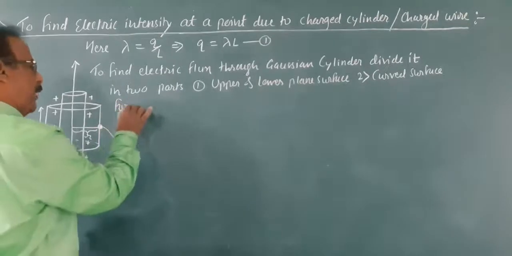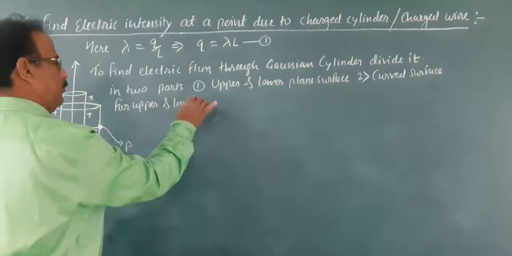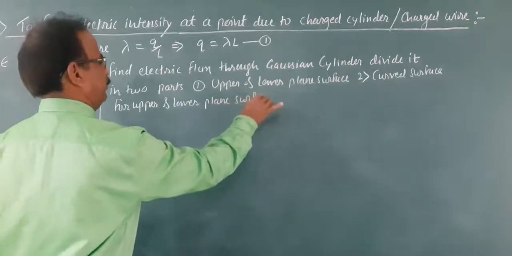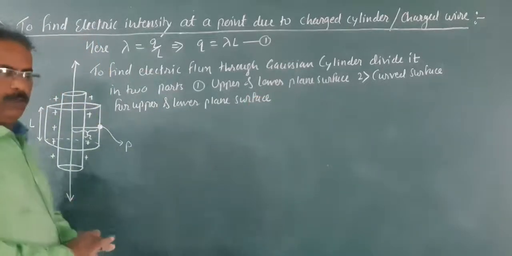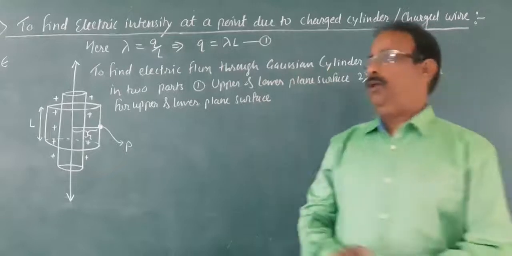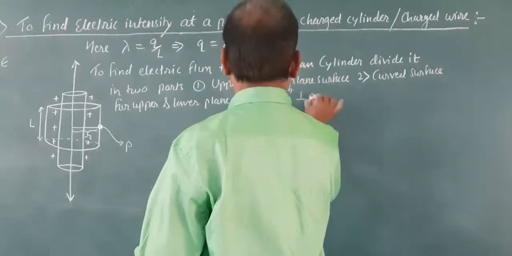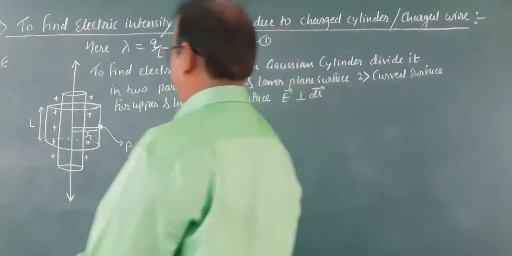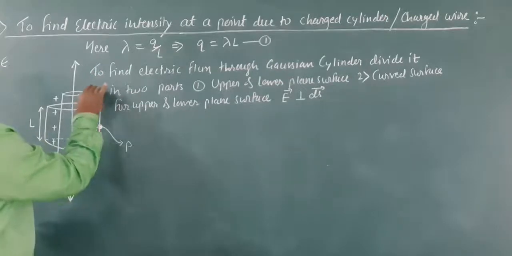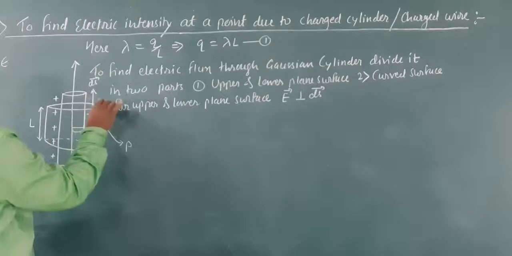For the upper and lower plane surfaces, observe that the intensity vector and area vector are perpendicular to each other. Here the area vector will come like this and the intensity vector will come along the radius.